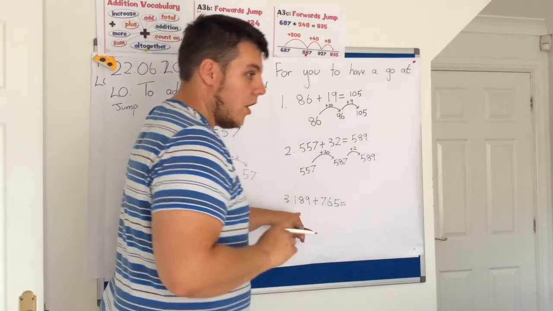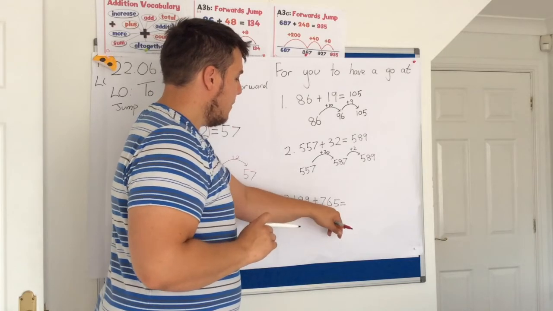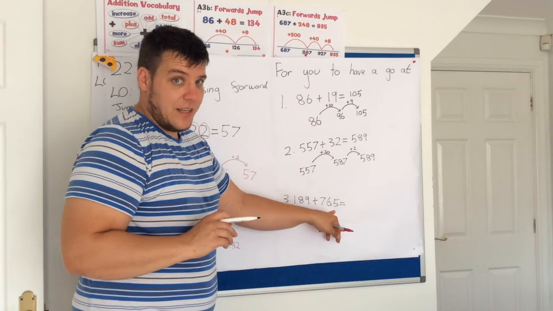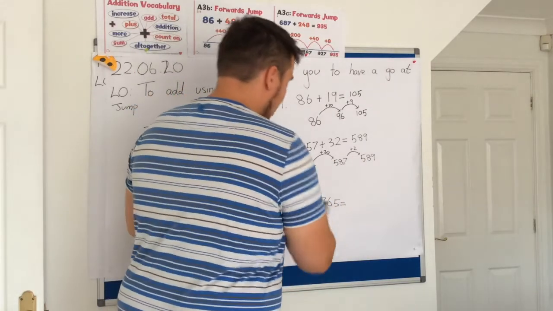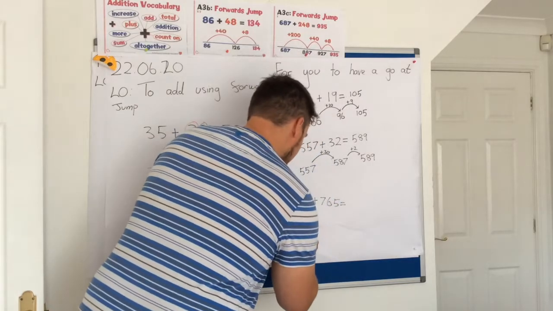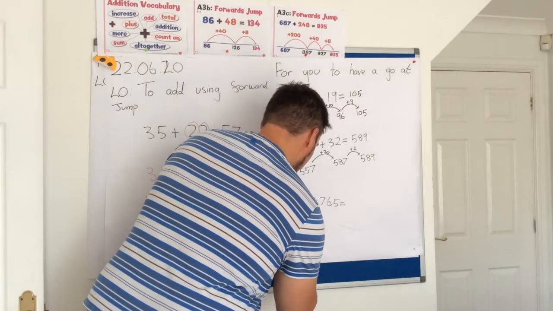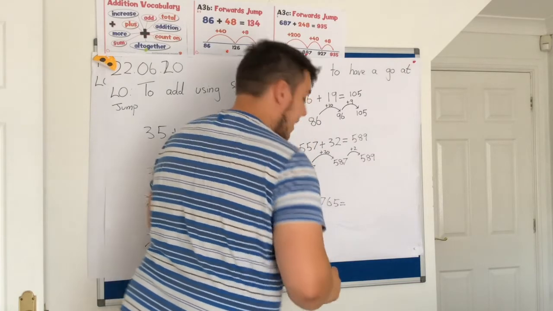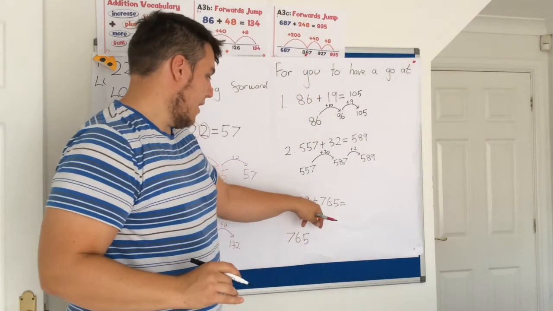Because we've got the biggest number, I've rolled the dice differently, so I've got my biggest number second on this calculation. That's absolutely fine. All I do is I start on my biggest number to make it a bit easier for myself. So 765 is the number I'm going to start with. But this time, instead of doing 2 jumps, I'm going to have to do 3 because I've got 189.